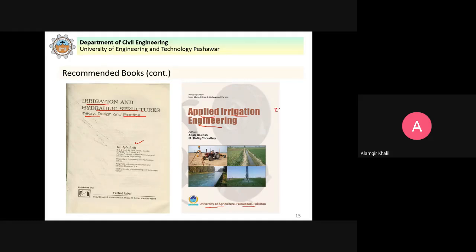The advantage is you will find the latest data and information related to irrigation engineering in Pakistan. This book is not available in the library, but you can download from the internet sources. Whereas for Irrigation and Hydraulic Structures, Theory, Design and Practice, we have 21 copies available in our library. So you can issue this book from the departmental library.